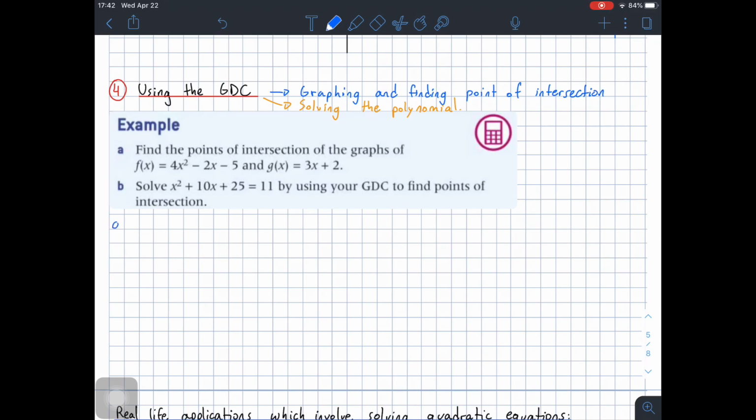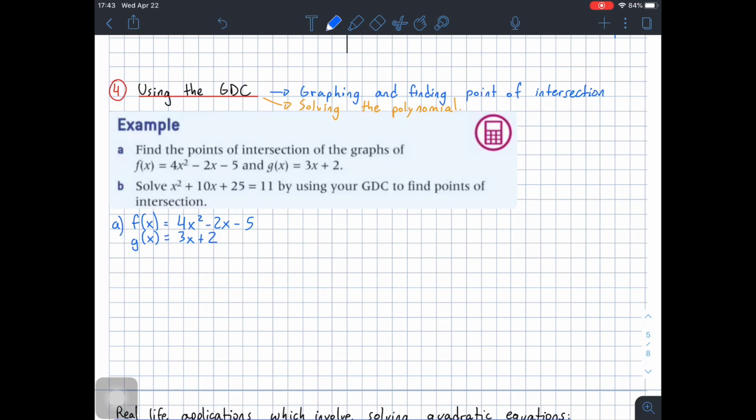Okay, so let's see part A. It says, find the points of intersection of the graphs f of x equals 4x squared minus 2x minus 5 and g of x. Okay, so let me copy those two functions, 4x squared minus 2x minus 5 and g of x equals 3x plus 2.